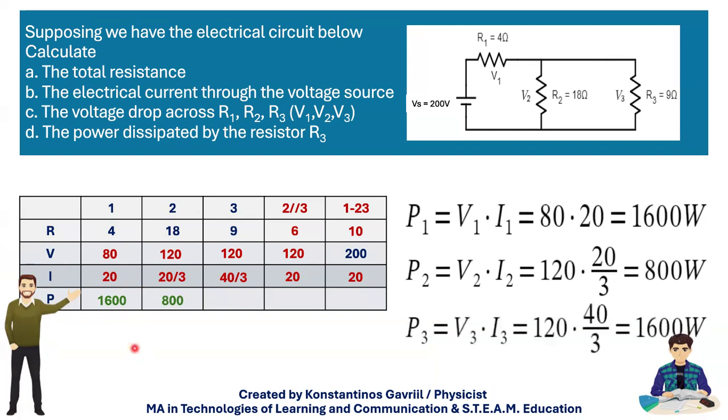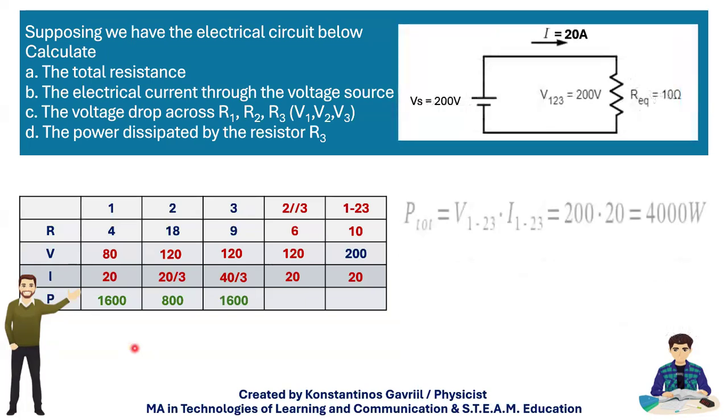Okay. For the third one it is V3 times I3, which is 1600 again. And now for the total, the P total is the sum of the power dissipated by every resistor, and I get 4000.